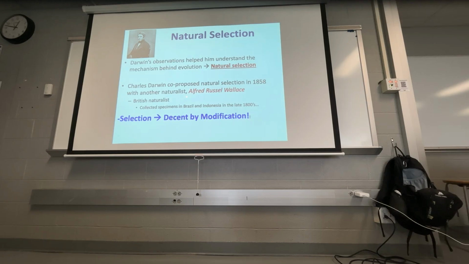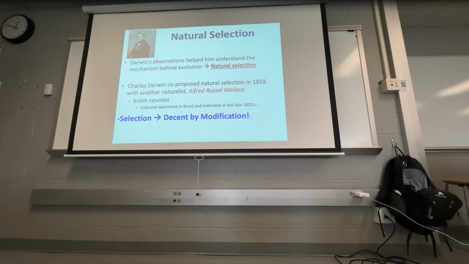Really interesting, another scientist, and I've already mentioned this, Alfred Russel Wallace, came up with almost the same terminology, something similar to natural selection, and wrote to Darwin in 1858. So notice that's 1 year prior to when Darwin actually published. That's a long time after Darwin got back.